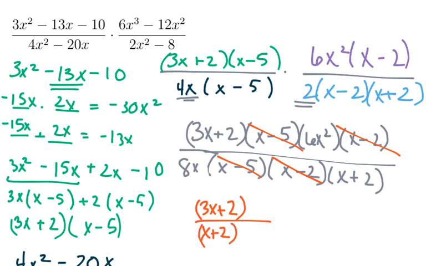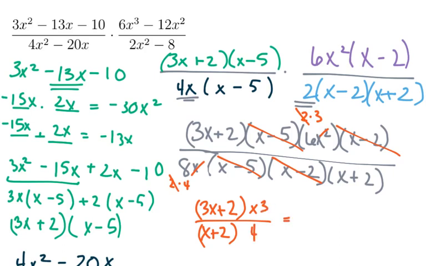Those aren't canceling. I've got x squared divided by x, so one of my x's is going to go away, and I'll be left with x. And then I have 6 over 8. You can think of 6 as 2 times 3, and 8 as 2 times 4. So the 2's are going to cancel, and I'm left with 3 over 4.